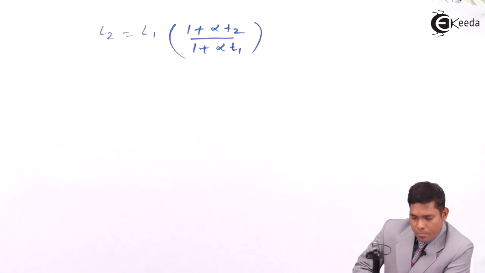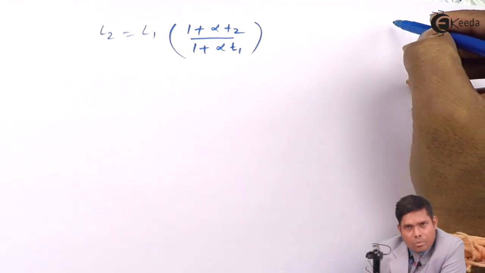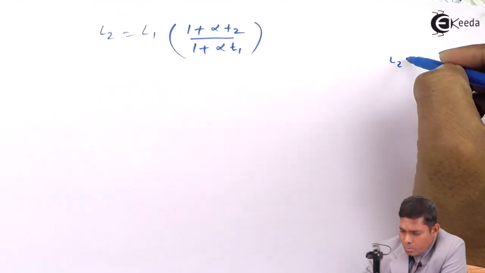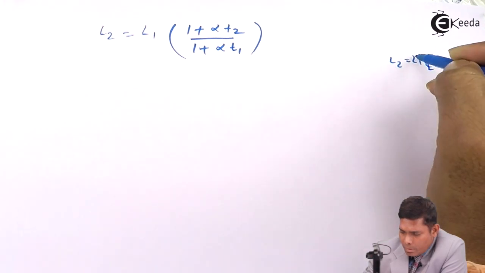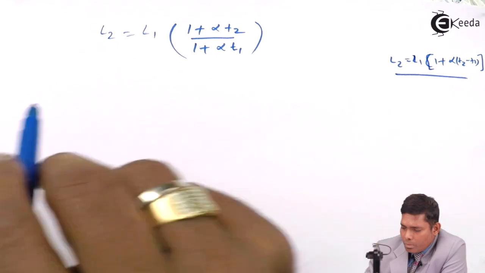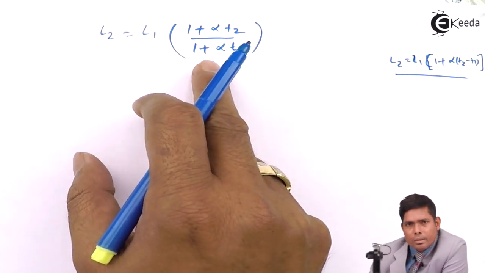Keep in mind that we have to show that L2 is L1 into 1 plus alpha (T2 minus T1). This is what you have to show, but so far we have only got this.